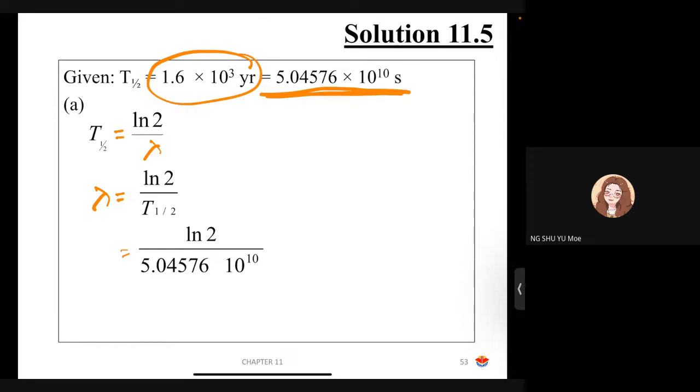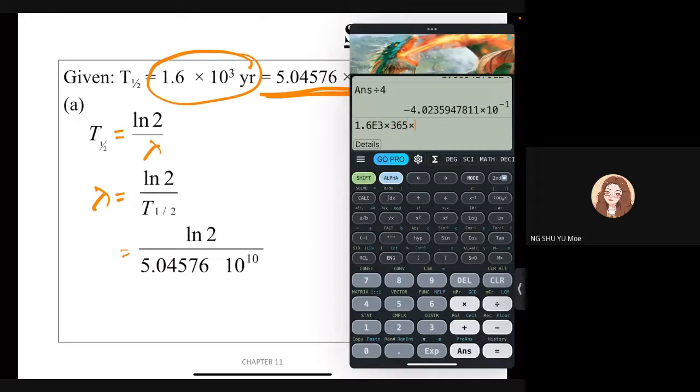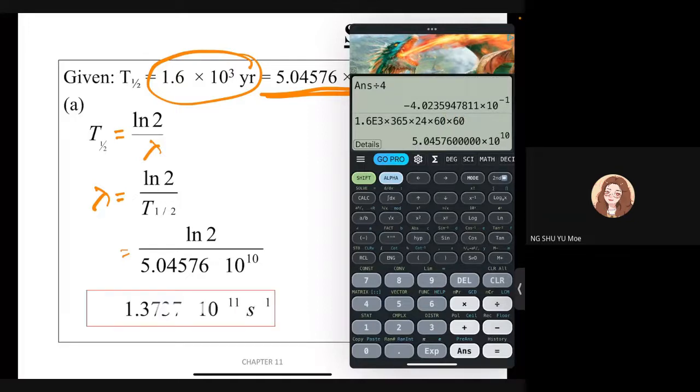Macam mana dia tukar? 365 days times 24 hours times 60 minutes times 60 seconds. Jadi dia dapat 1.3 power of 3 times 365 times 24 hours times 60 times 60. Betul?